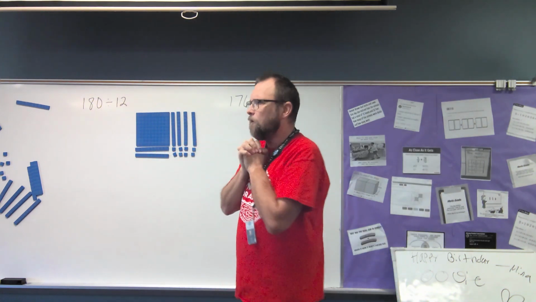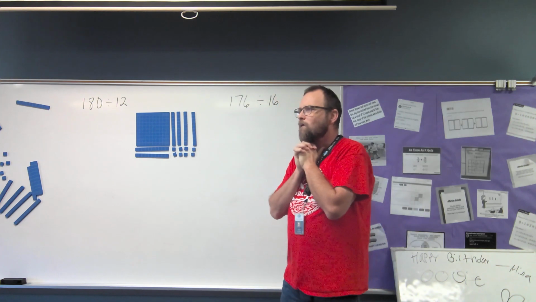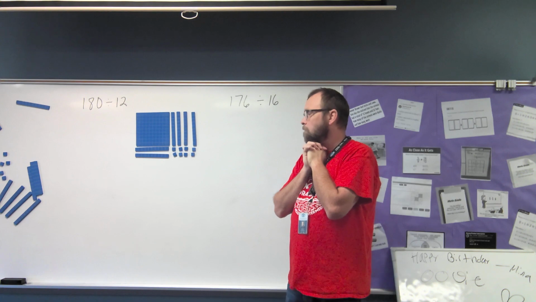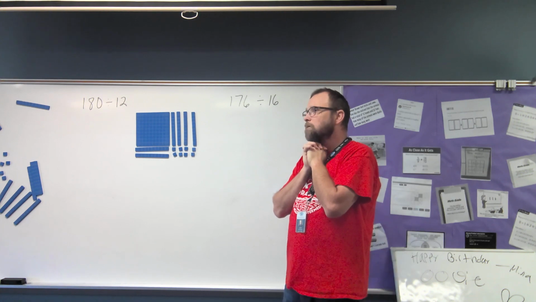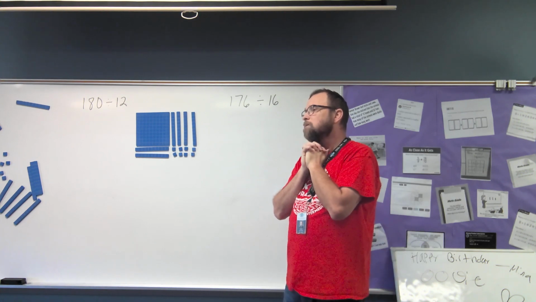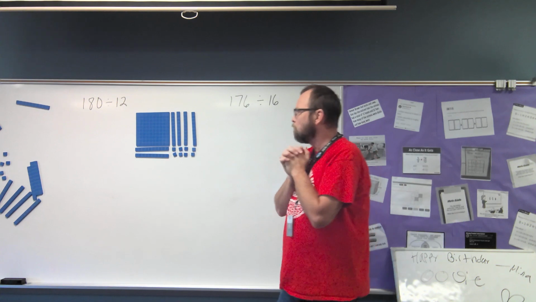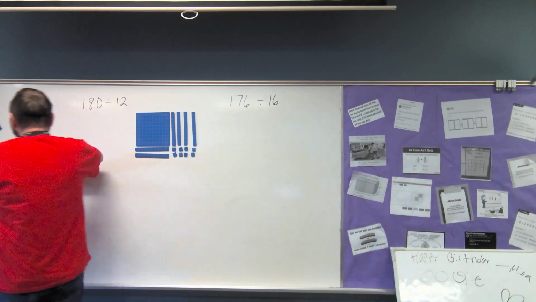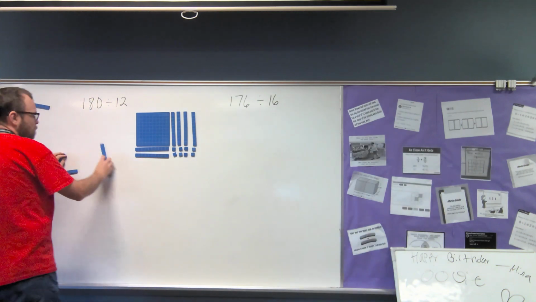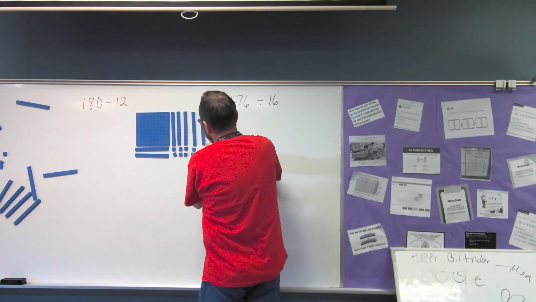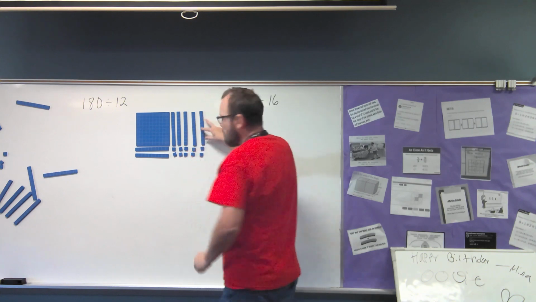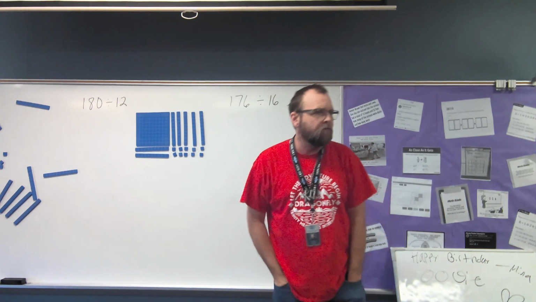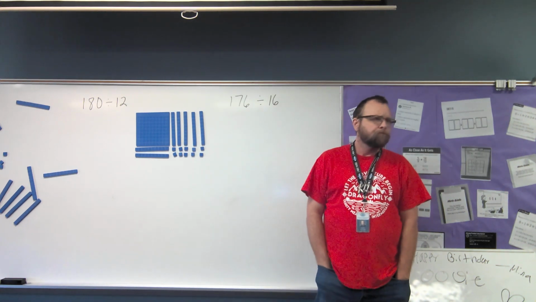Now, Grace, how many do I have? 168. Good. So that's not enough here yet. I'm going to make one more group. And now, Garvin, how many do I have now?